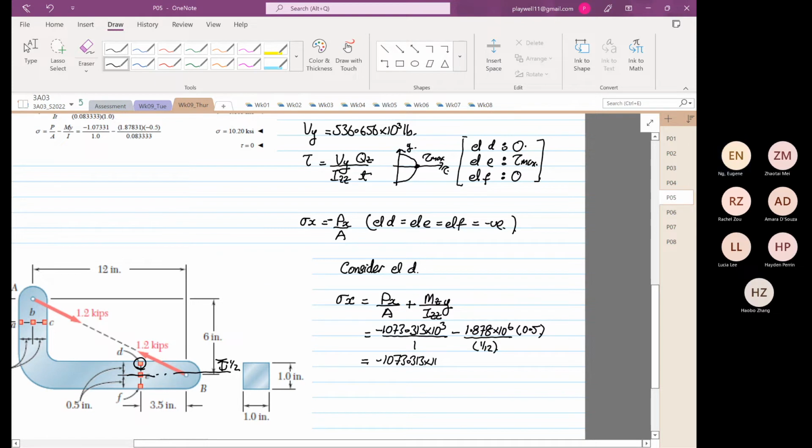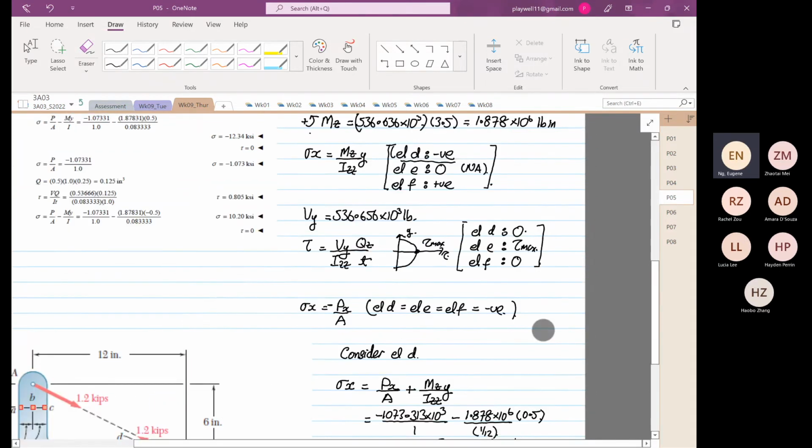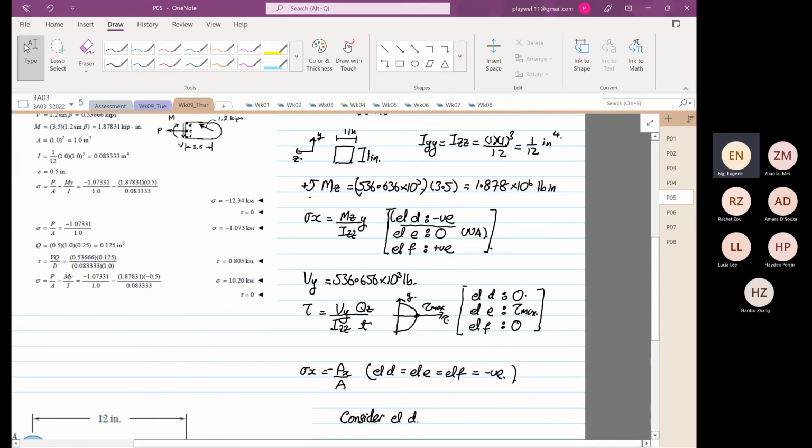Okay, so this will be equal to minus 1073.313 times 10 to the power 3 minus 1.878 times 10 to the power 6 times 0.5 divided by 1 over 12, which is equal to 11.268 times 10 to the power 6. Let me do it again. 1.878 times 10 to the power 6 times 0.5 divided by 1 over 12. Did I do correctly?